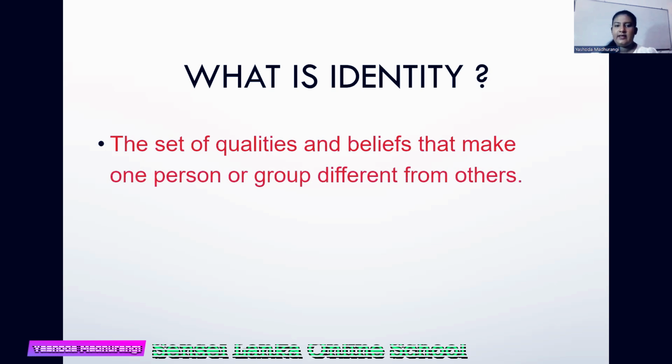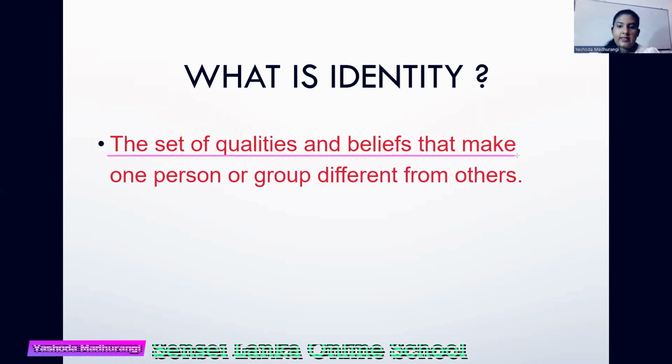This is one definition. Shall we look at it? Shall we read it? I'm going to underline when you are reading. I think it is good for you. The set of qualities and beliefs that make one person or group different from others.